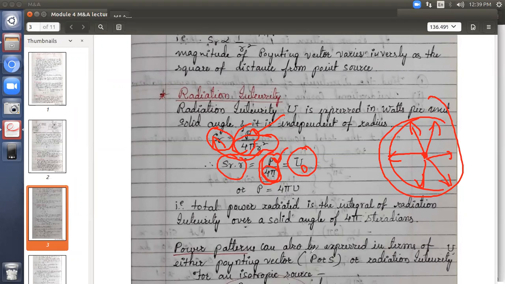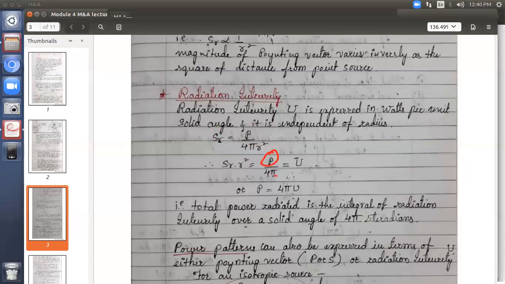In problems we have taken this U naught, which is the radiation intensity of an isotropic antenna, because the denominator has the 4 pi term, the total angle covered for a sphere. So P is equal to 4 pi into U naught, which you have taken in your problems.